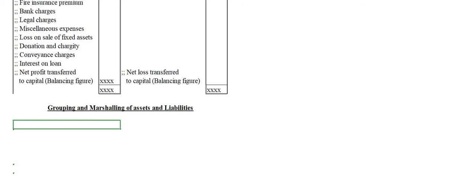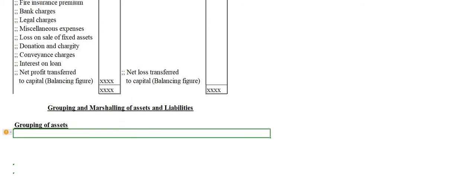What is grouping of assets? Grouping of assets or liabilities means keeping together some common items under a common heading.